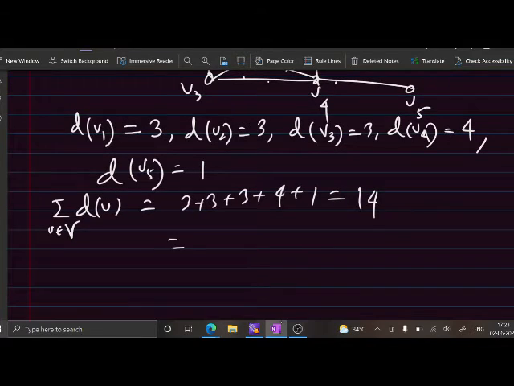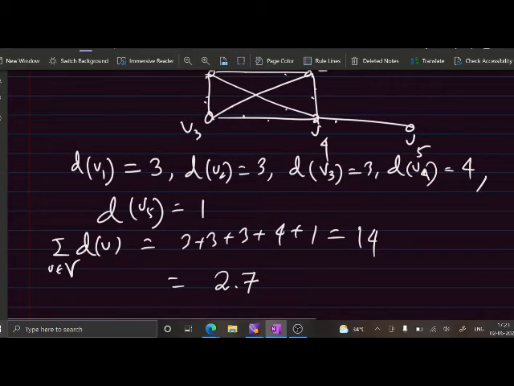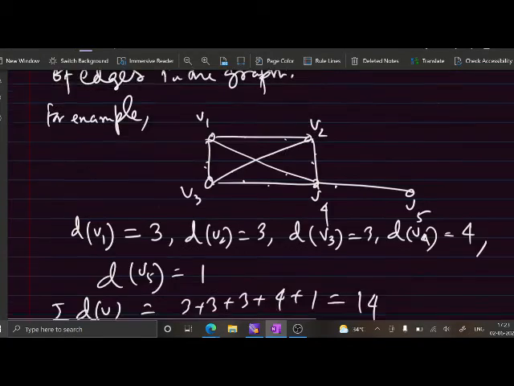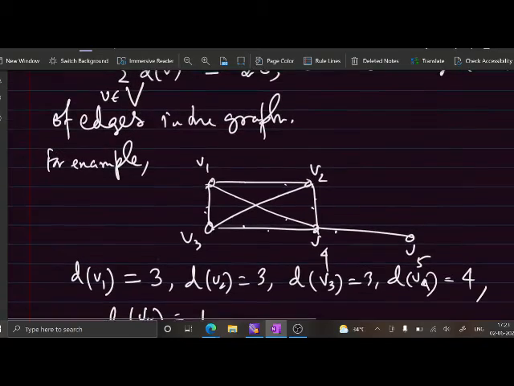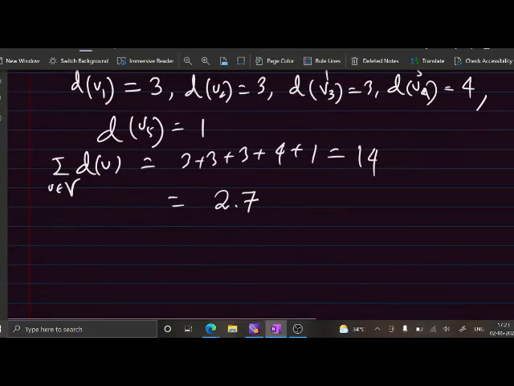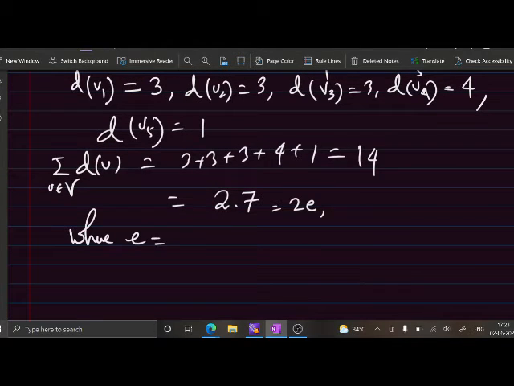That means it should be 2 into 7. How many edges do you have? 1, 2, 3, 4, 5, 6, 7. So this is 2E, where E is the number of edges.